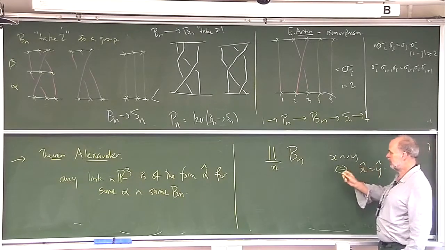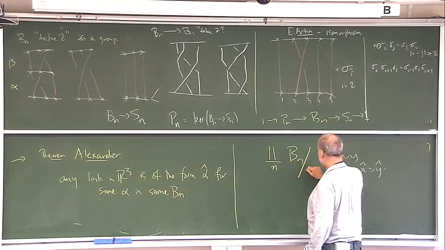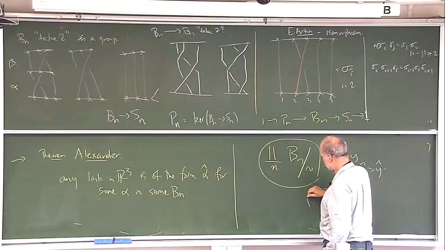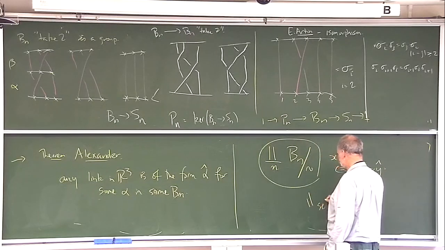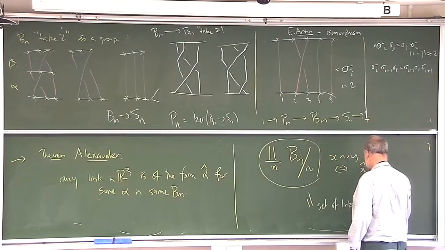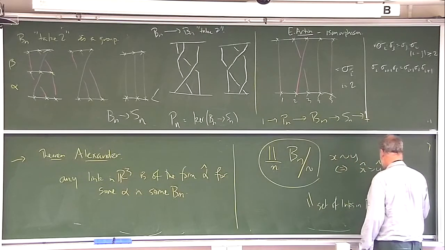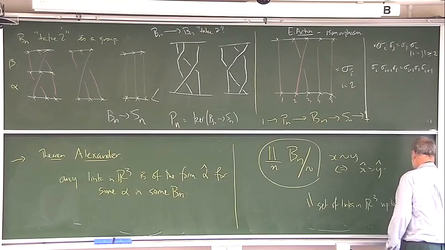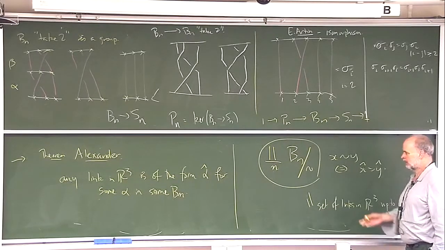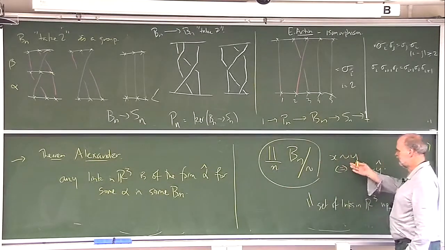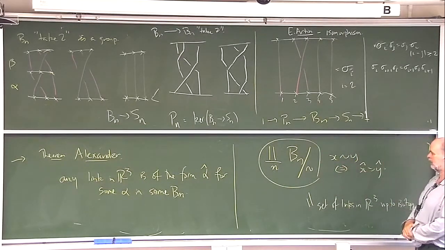So this set, the disjoint union of the braid groups divided by this equivalence relation, is equal to the set of all links in R3. Okay, that's Alexander's theorem plus tautology, plus just defining it to be that way.